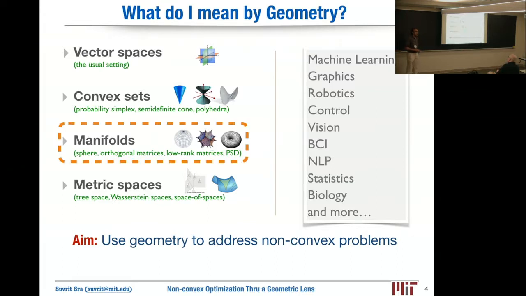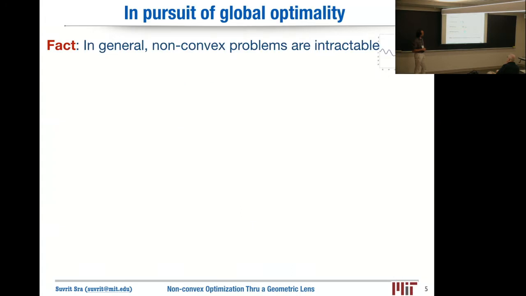And like a high-level motivation, this is not 100% true, right? But it's just hand-wavy motivation that, of course, we know that in general non-convex problems are intractable, including one-dimensional ones, and even detecting whether you are at a local optimum can be pretty hard.